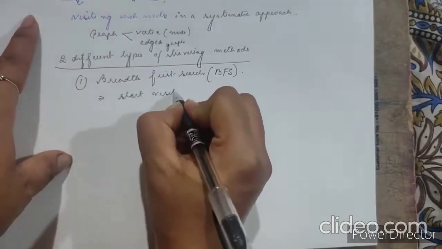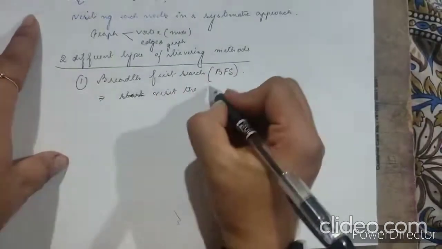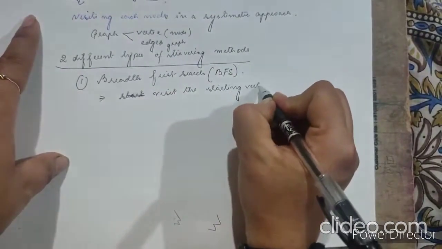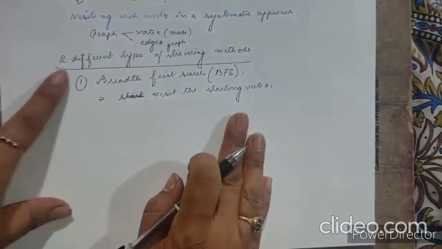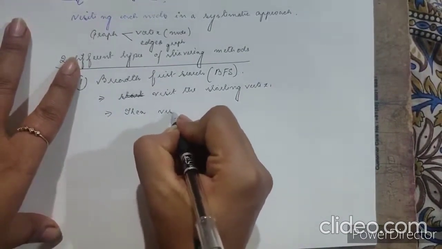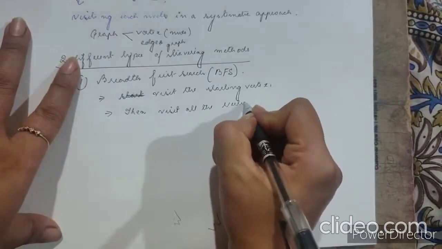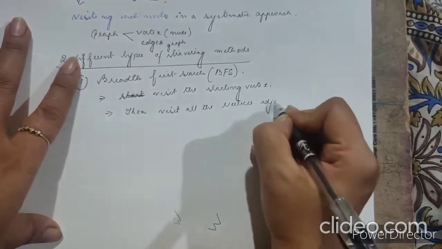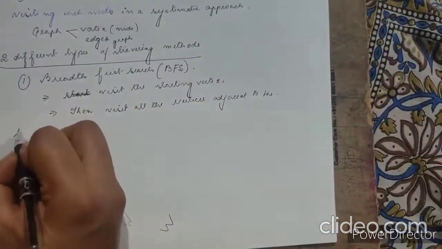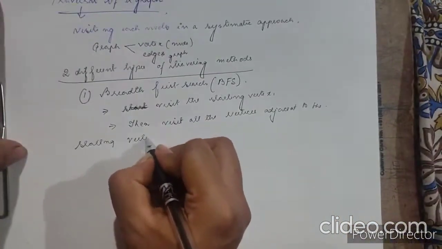So what we have to do is start by visiting the starting vertex, or starting node, and then visit all the vertices adjacent to the starting vertex.